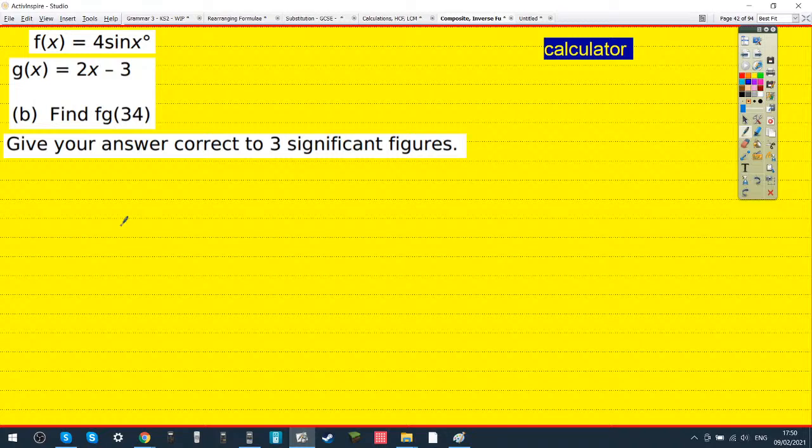So what would you put in the calculator? 4 sin and then brackets 2x minus 3.